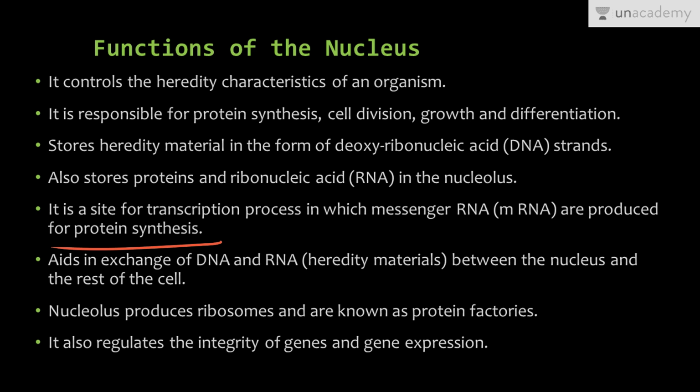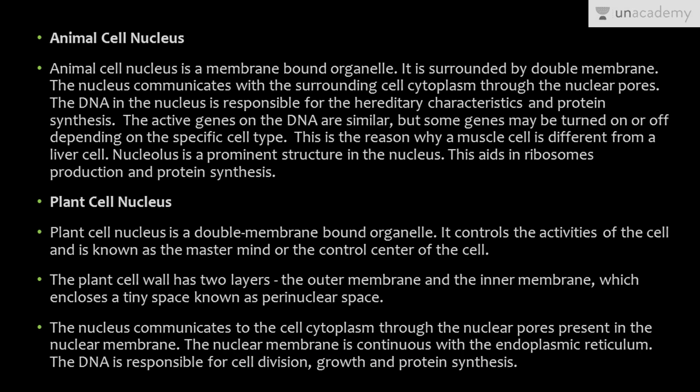It aids in exchange of DNA and RNA between the nucleus and the rest of the cell through the pores, of course. And the nucleolus produces ribosomes, which are known as protein factories. It also regulates the integrity of the genes and gene expression. So all of these things associated with heredity happen inside the nucleus, except for some processes which take place in the cytosol.